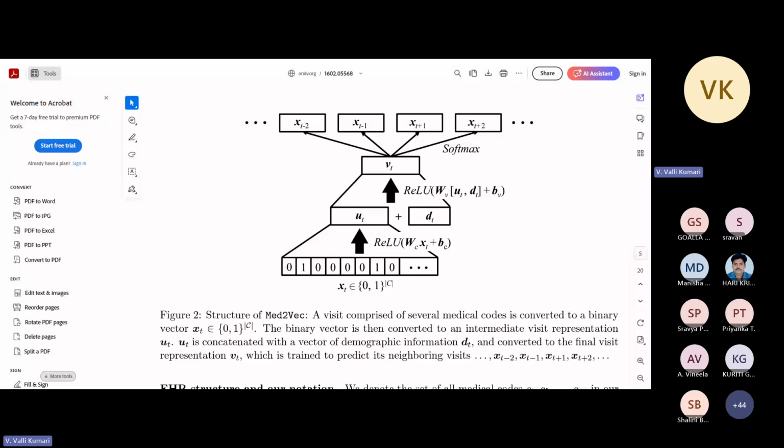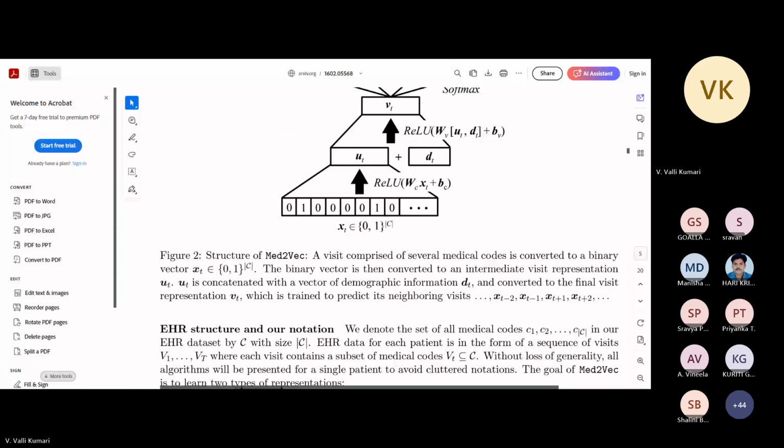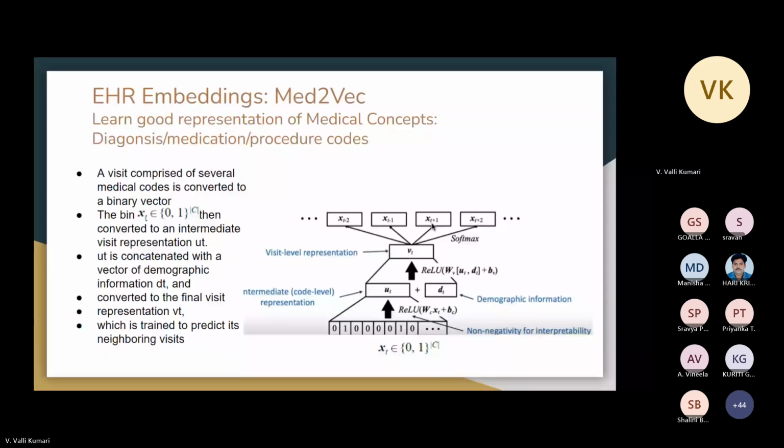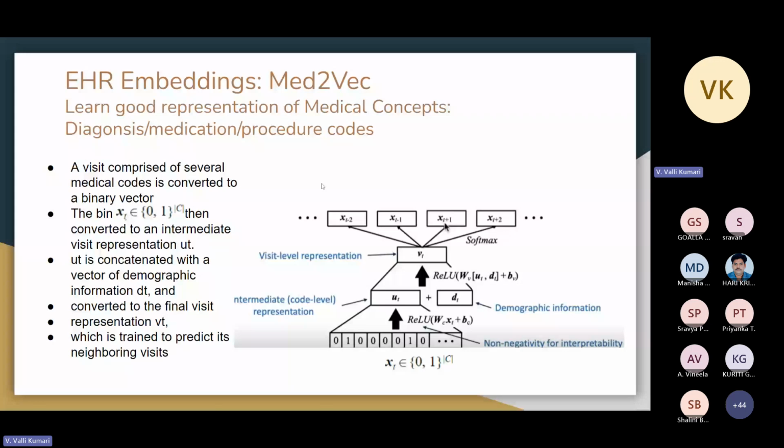Okay, so this is the Med2Vec structure. So this is the intermediate-level representation. This is the visit-level representation. And this D is the demographic information. And ReLU is used so that you don't have negative values.